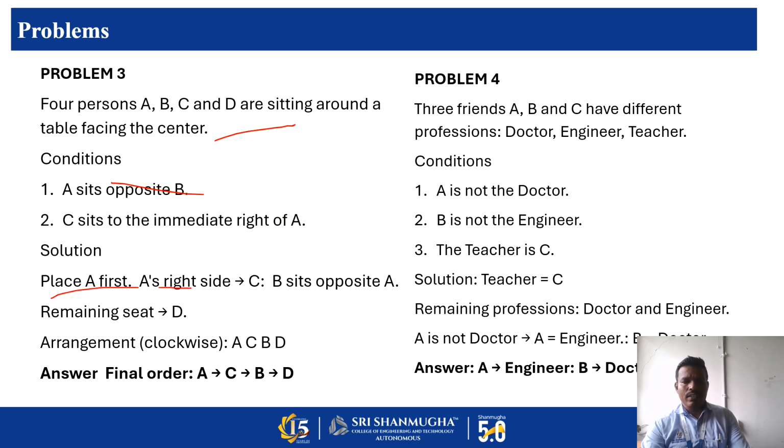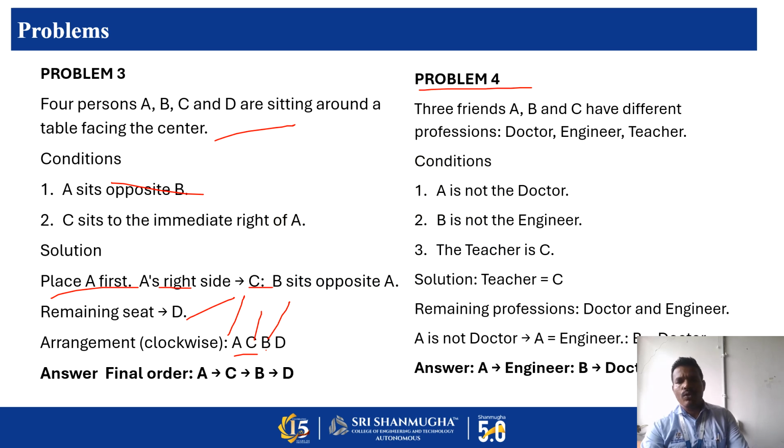A's right side is C. B sits opposite A, so the remaining seat is D. Clockwise: A, C, B, D. A's right side is C. So the answer is A, C, B, D.